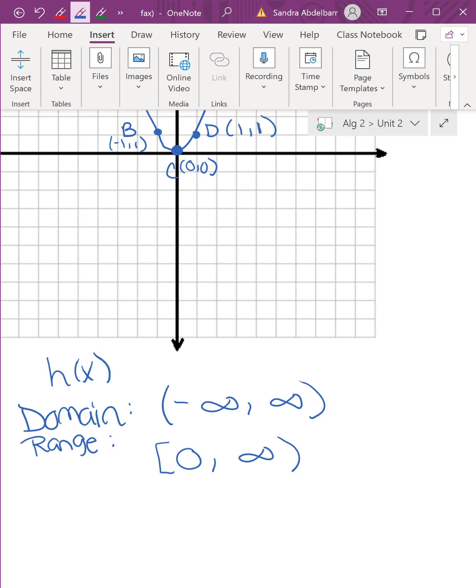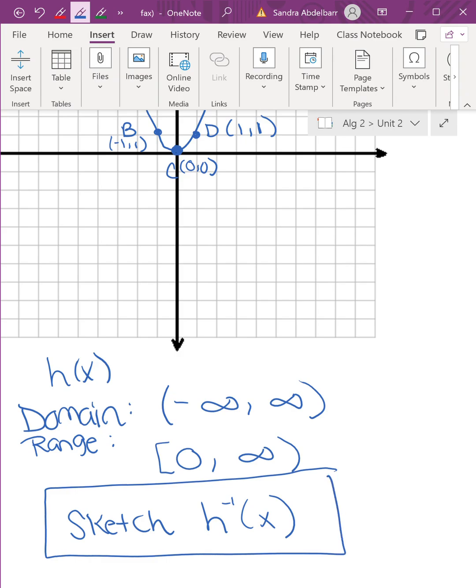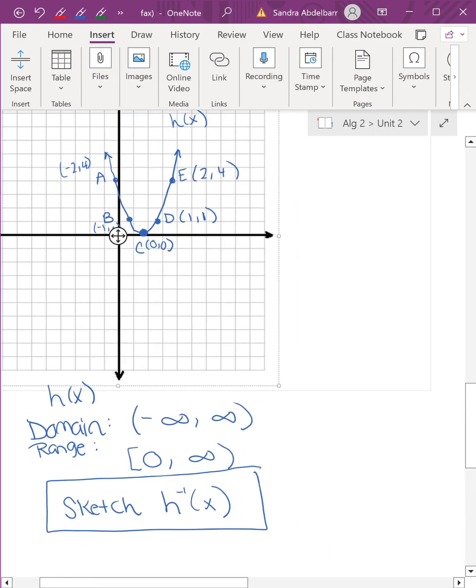All right. Now what I want to do is sketch the inverse of h of x. For all we've learned so far, what do we do to get the inverse?